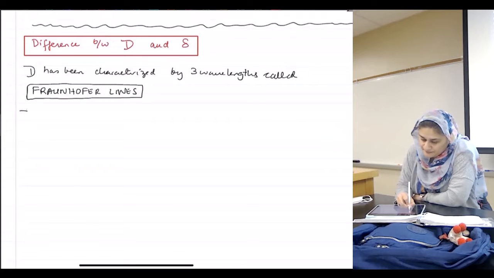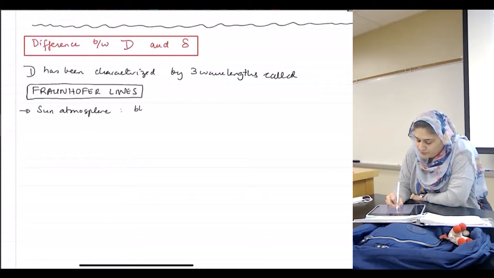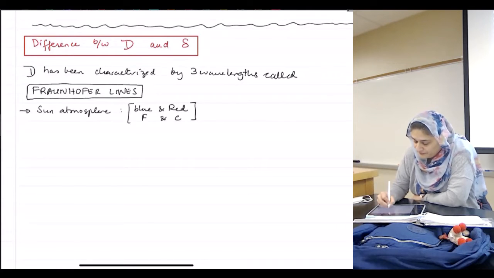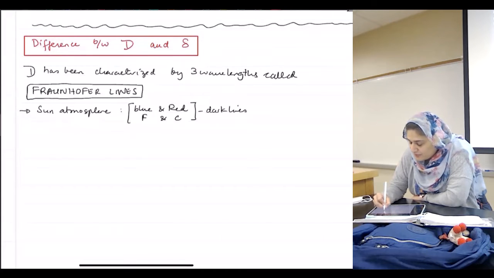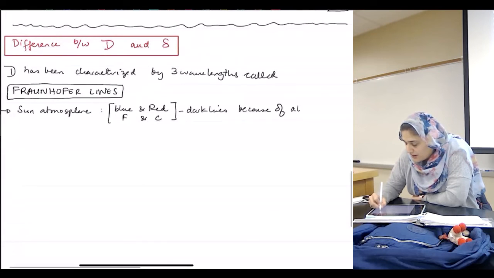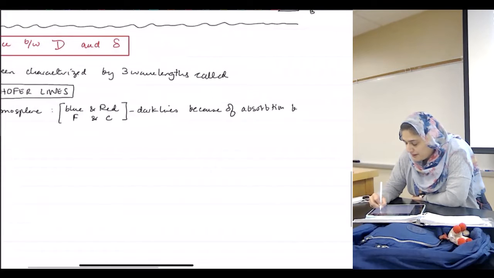We know that in the sun's atmosphere, the blue and the red gave dark lines because of absorption by hydrogen atoms.